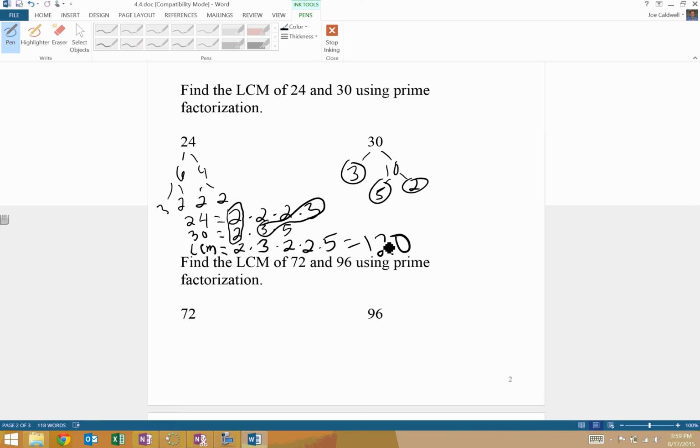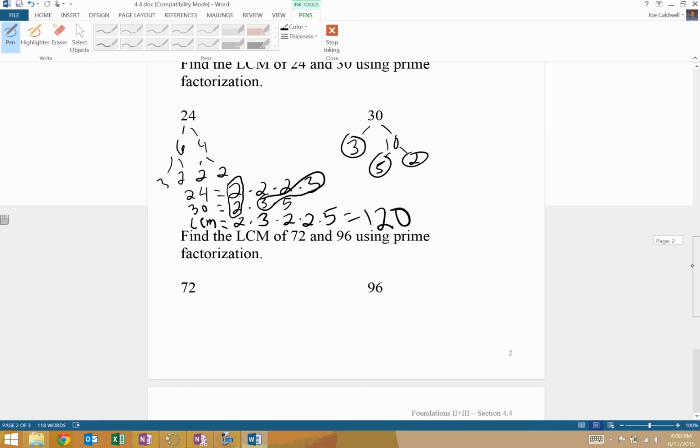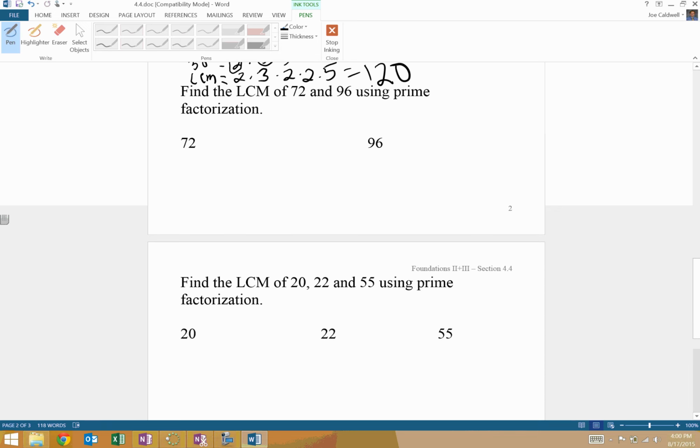Okay, so let's do another example. Kind of split the page here. 72. We could do 8 and 9, 3 and 3, 2.